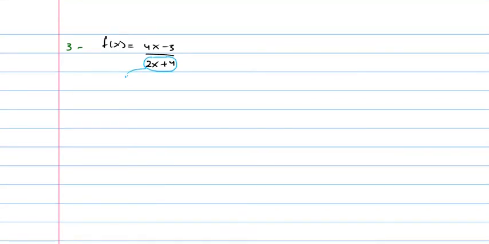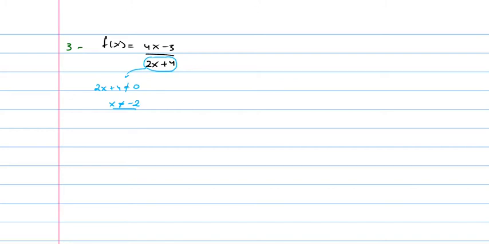So what we have to ask is for 2x plus 4 to be different to 0. And this will happen if and only if x is different from minus 2. So f of x will be defined everywhere except in minus 2. So in particular, it won't be differentiable at x equals to minus 2.